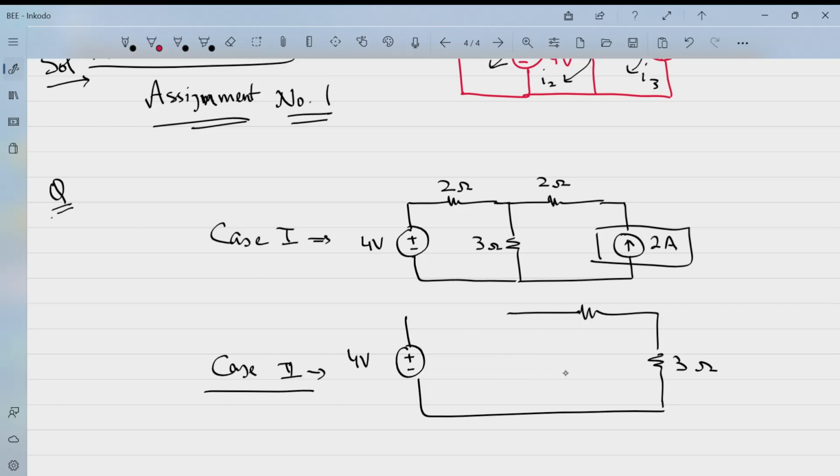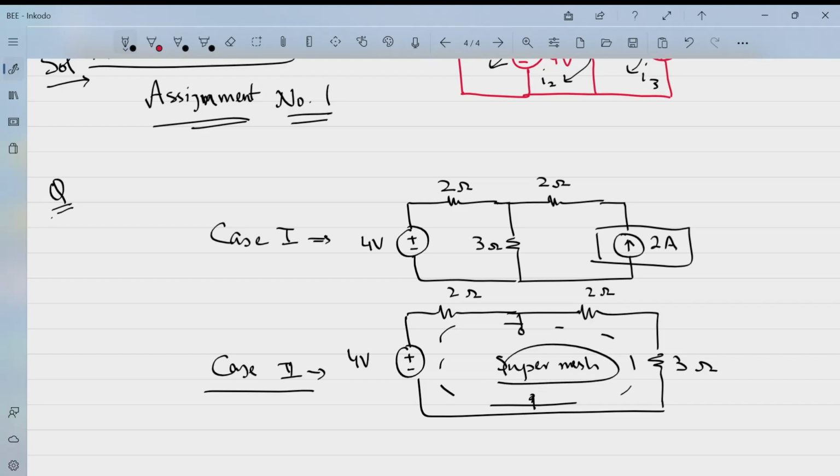We'll say that as if this does not exist here and solve for the rest of the circuit. So this now becomes a super mesh, this whole circuit. तो इसकी जो एनालिसिस है सुपर मैश की, वो हम नेक्स्ट लेक्चर में करेंगे. हम ऊपर वाले केस को आज डिस्कस करेंगे.